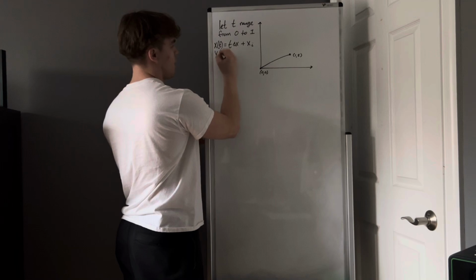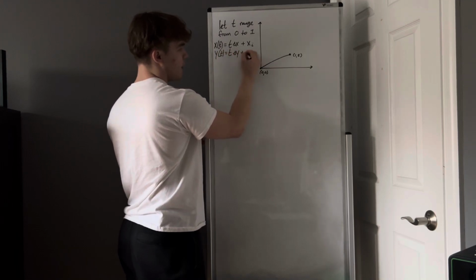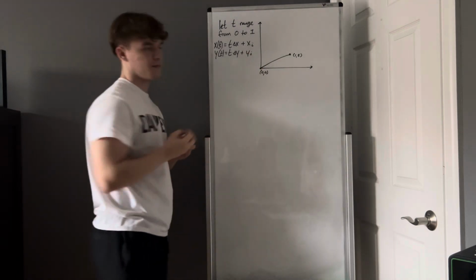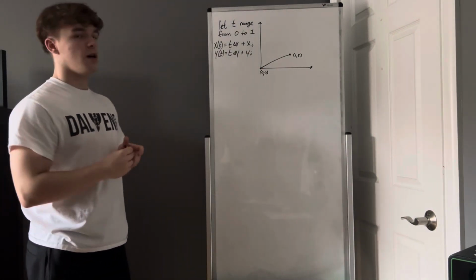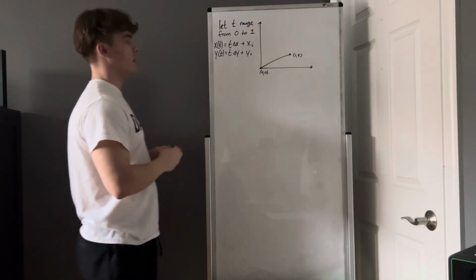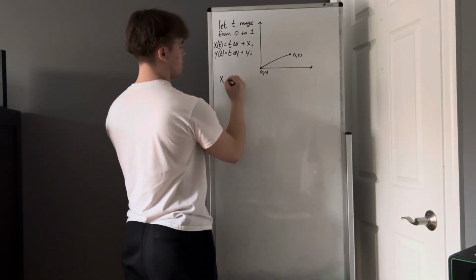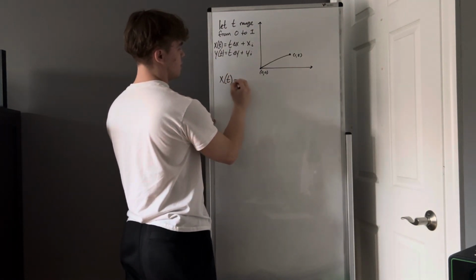And same for y. y of t equals t delta y plus y initial. What do these equations mean? It might not stick out to you in the start, but let's just plug some values in and I'll show you what these values mean.